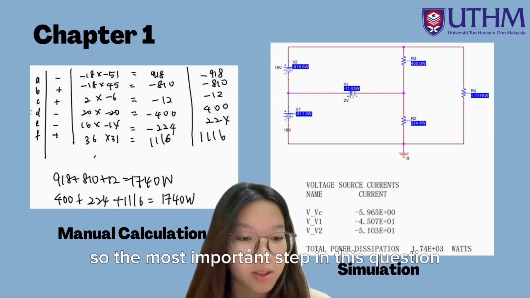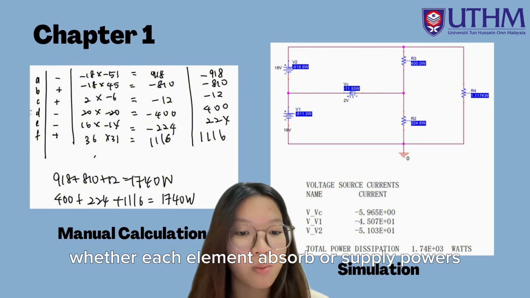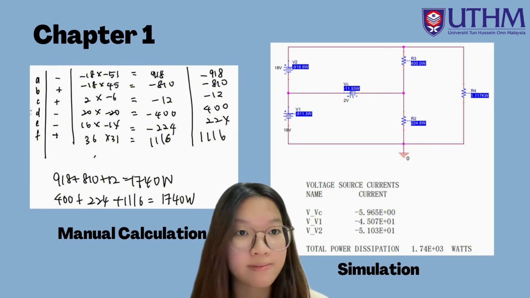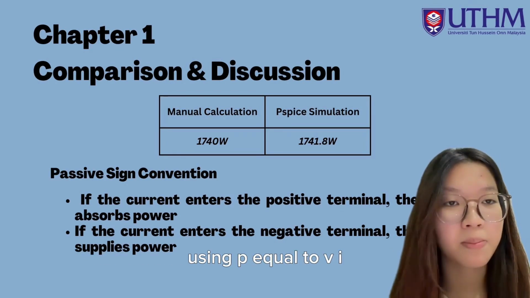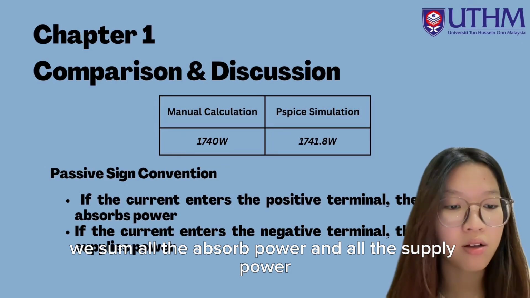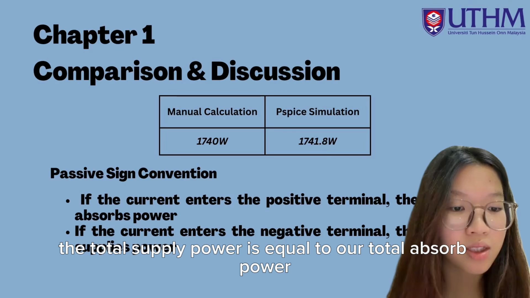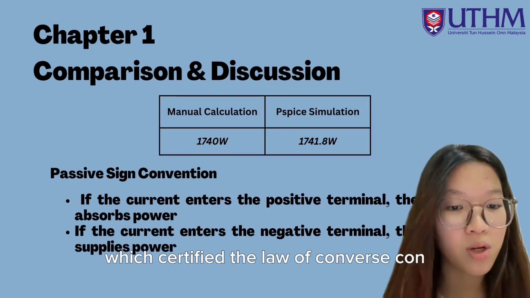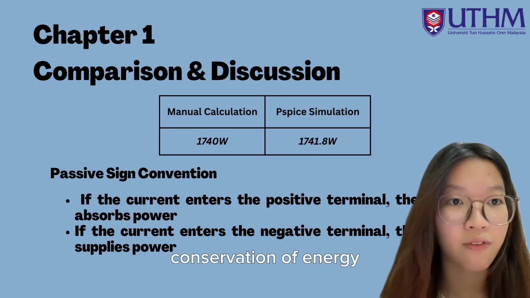So, the most important step in this question is correctly identifying whether each element absorbs or supplies power by applying the passive sign convention. After calculating the power of every element using P equal to VI, we sum all the absorbed power and all the supplied power separately. We found that the total supplied power is equal to the total absorbed power, which satisfies the law of conservation of energy.